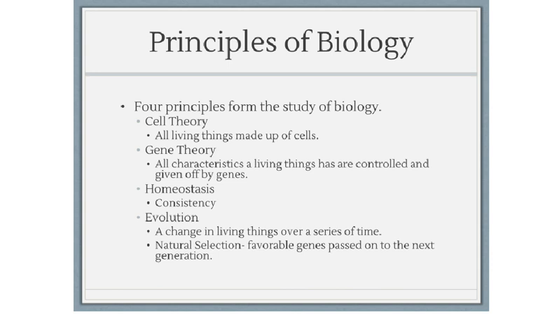These are all the things that a biologist somehow, in some way, studies. No matter what kind of biologist you are, you're still looking at something that contributes to biology in some way with these four principles. The four principles are the cell theory, the gene theory, homeostasis, and evolution.